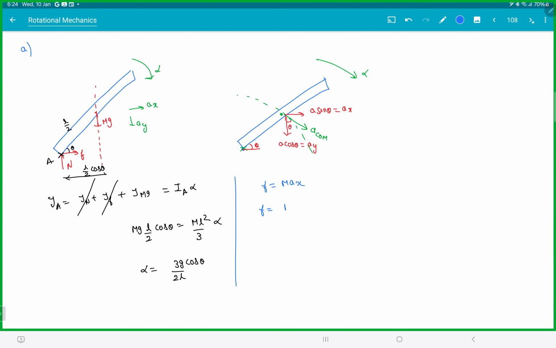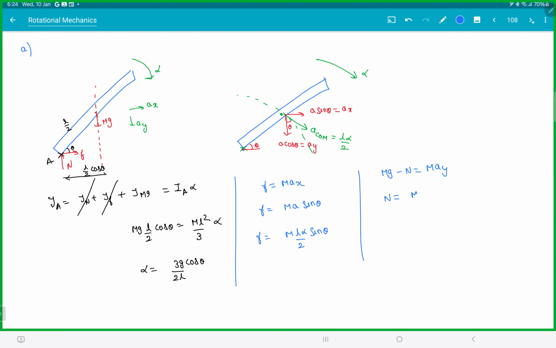AX is nothing but a sine theta. And A center of mass is how much? A center of mass is L alpha by 2. So m L alpha by 2 sine theta. From here F will come. What is normal reaction? That would be mg minus N is equal to m AY.